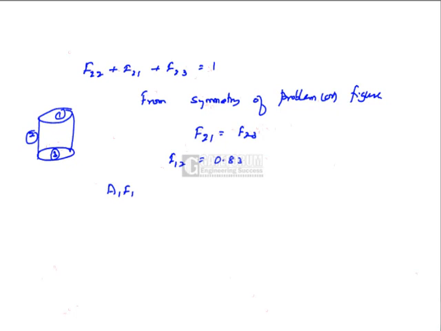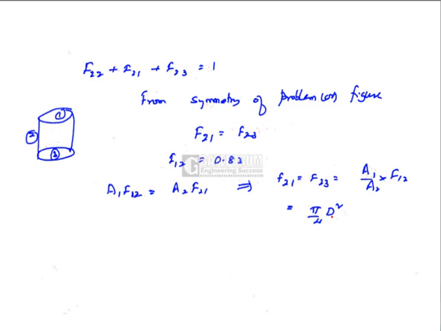A1 F12 is equal to A2 F21. That is from reciprocity relation. Therefore, F21 is equal to F23 is equal to A1 by A2 into F12. What is A1? Pi by 4 D square.